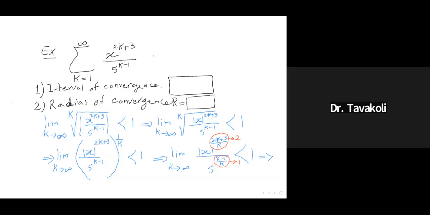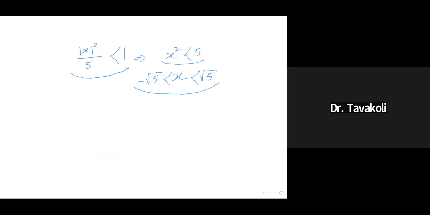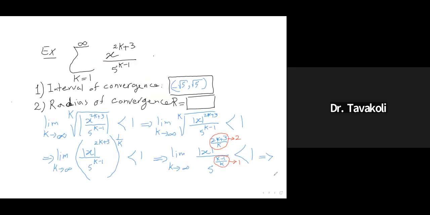So the interval of convergence in this case is going to be from minus radical 5 to positive radical 5. We used the root test, got to this inequality and solved that. Again, the endpoints are not included because by replacing x with minus radical 5 or plus radical 5, we don't get a convergent series.